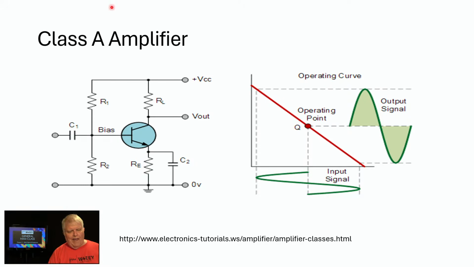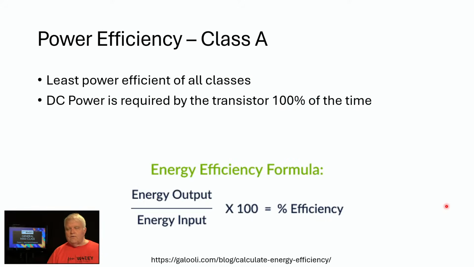This is a Class A amplifier. This is a linear amplifier. It's amplifying everything. Its power efficiency is going to be the least efficient of all of the classes we're going to talk about, because the DC power is required by the transistor 100% of the time.